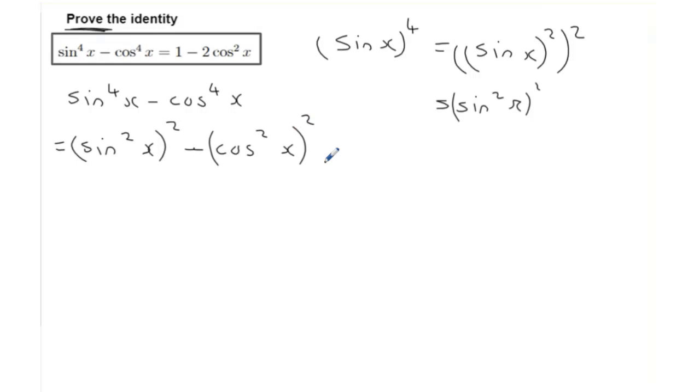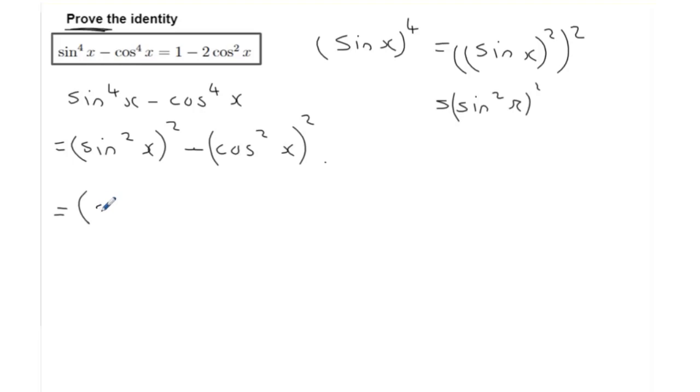You have got something squared minus something else squared. Remember, a squared minus b squared is a minus b times a plus b. So this is going to be sine squared x minus cos squared x, times sine squared x plus cos squared x, which we should know simplifies very, very nicely.